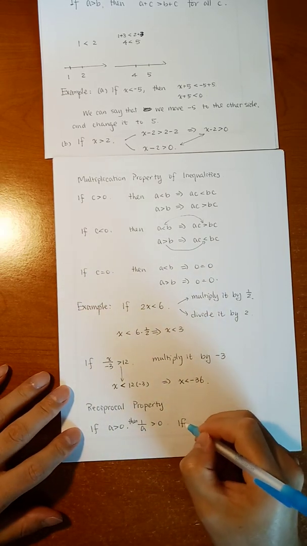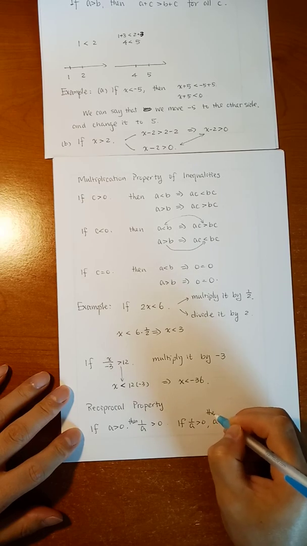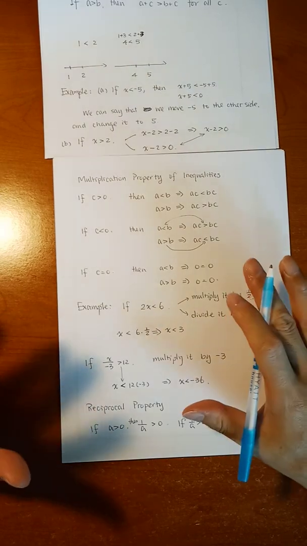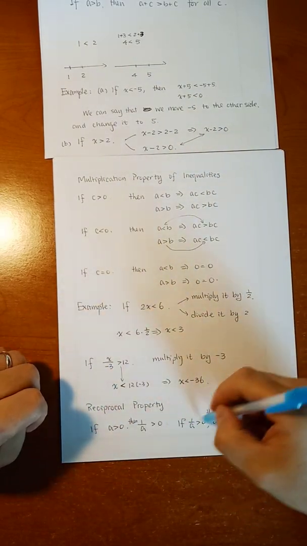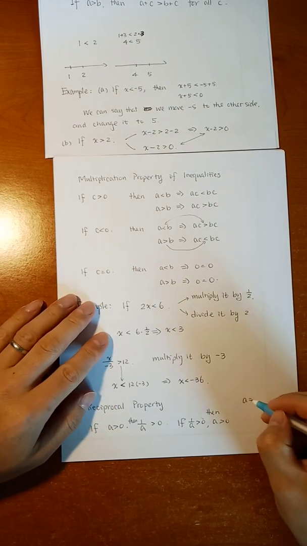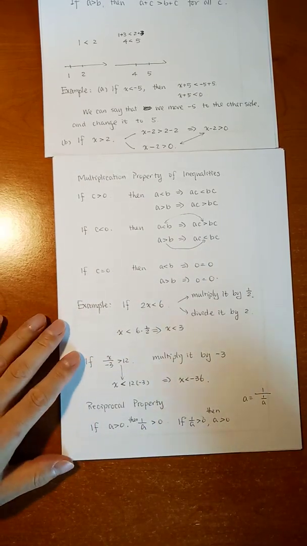If 1/a is greater than 0, then a is greater than 0. This is the reciprocal property. When you flip a positive number, you get a positive number. Actually, the second one is redundant, because a is 1 over 1/a, so the second part is the same as the first part.